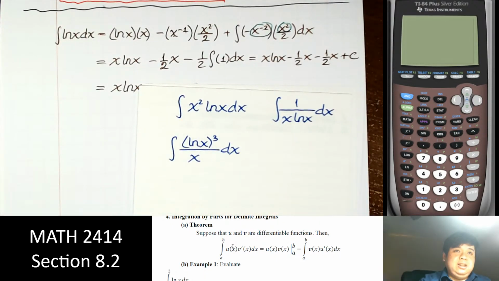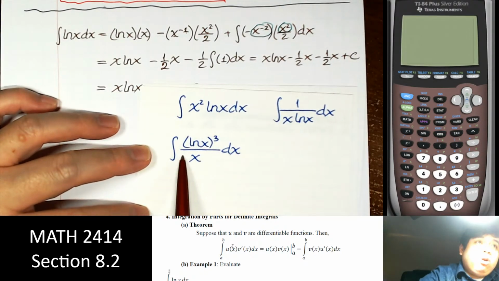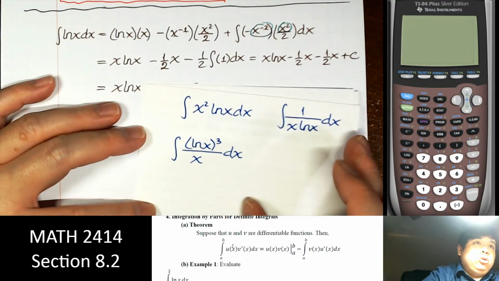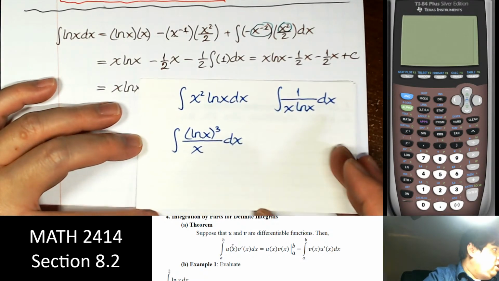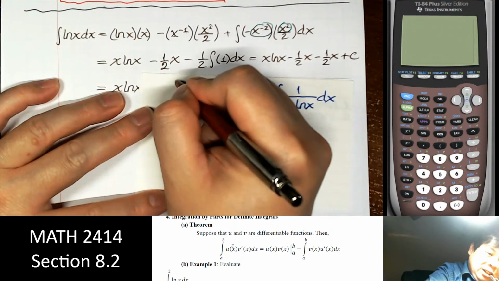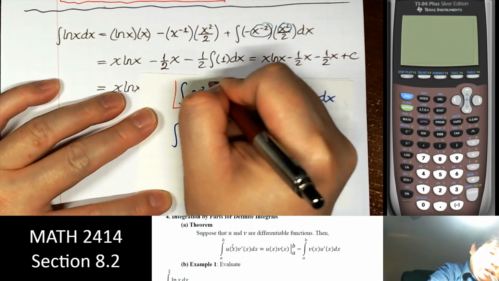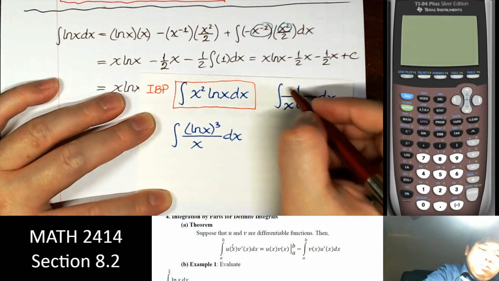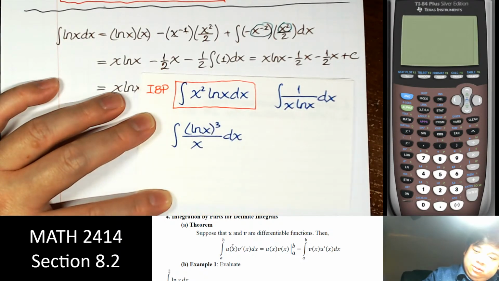Actually, on these 3 problems, only one of them needs integration by parts, and the rest use substitution. This one is the one where we use integration by parts. The others use substitution.